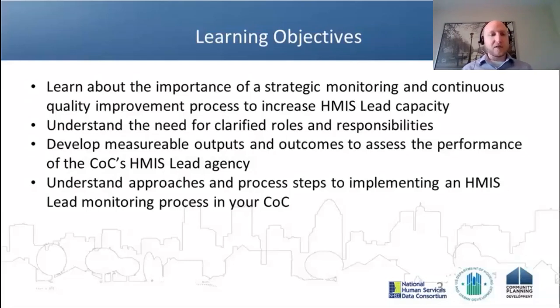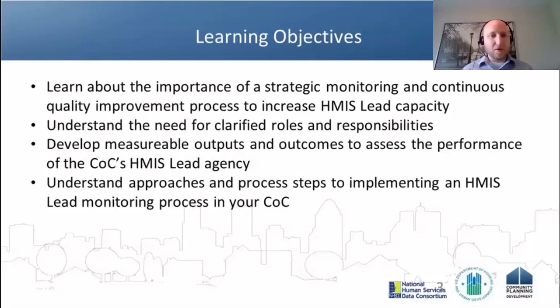We want to make sure we can clearly understand how the HMIS lead is supporting overall strategic monitoring, continuous quality improvement, improvements in data quality, and generally improvements around all of these topics and functions that an HMIS lead may be responsible for.